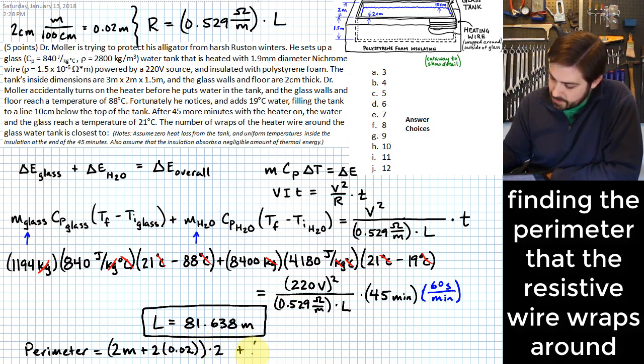To that, I need to add the other dimension, 3 meters, plus 2 times the wall thickness, and this also needs to be multiplied by 2.